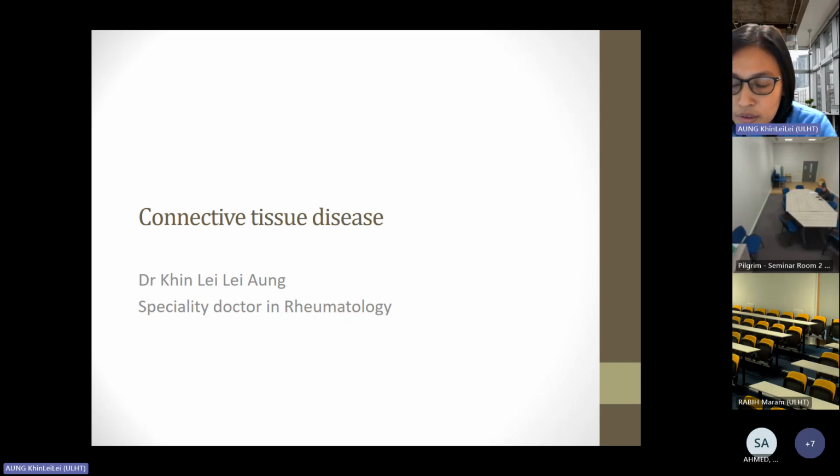You can read the Oxford Handbook of Rheumatology if you need further information, or I can provide you with more information if you need more theoretical background. I understand that some of you might already have finished MRCP, or some of you are preparing for the MRCP exam. So I'm preparing more of a clinical-based approach rather than a theoretical one.